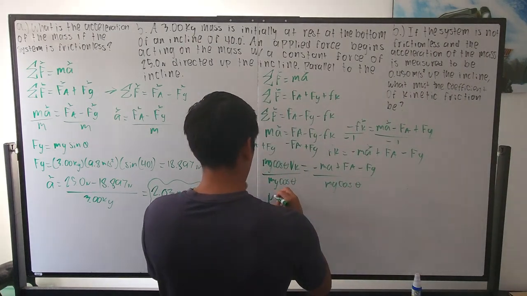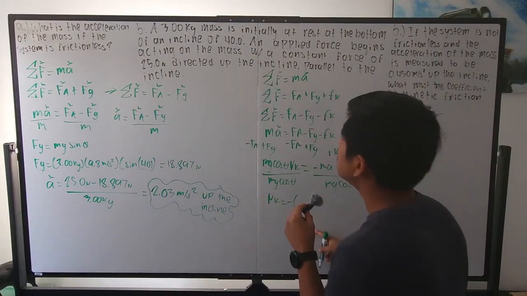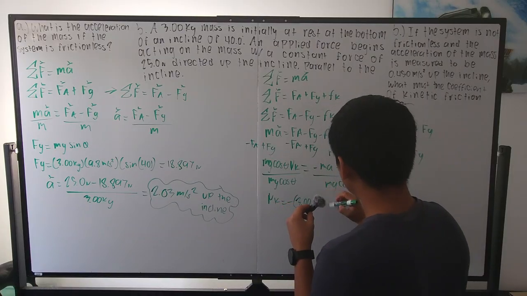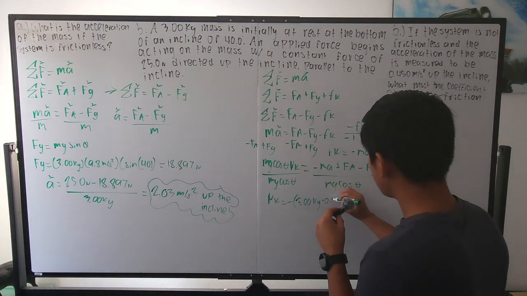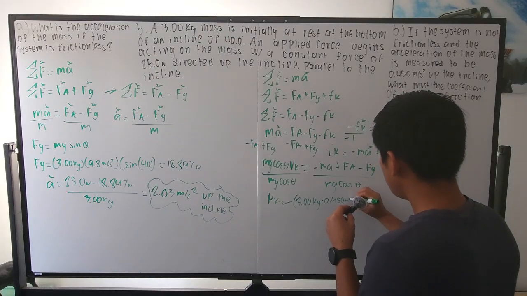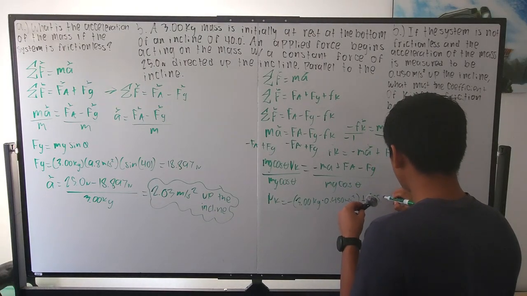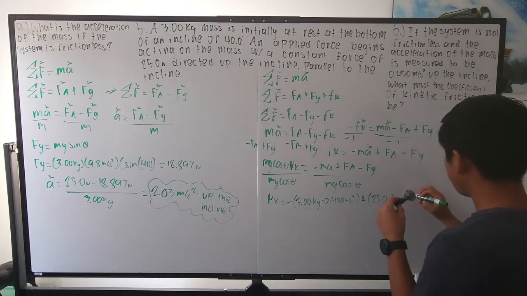So then I have mu K is equal to negative MA, which M is equal to 3 kilograms, and then A is equal to 0.45 meters per second squared, plus the applied force, which is the 25 newtons that I got from right there, minus FG.